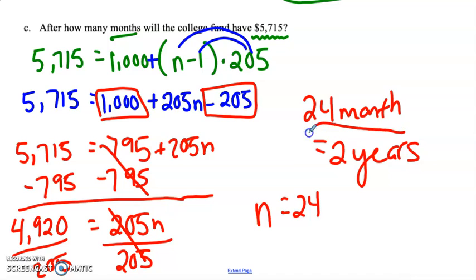So not bad. After 2 years, you've got bank, right? Go college fund. Okay? That is how you are working backwards to solve for your term number or your end value. All right, so we've done several arithmetic sequences, but if you turn it over, we're going to talk about some geometric ones now.